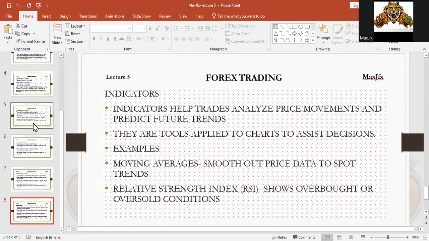A lot of traders use indicators to support their decisions in the forex market, and this is very helpful when you use it very, very well. It helps you predict future trends and also assists in the decisions you make.